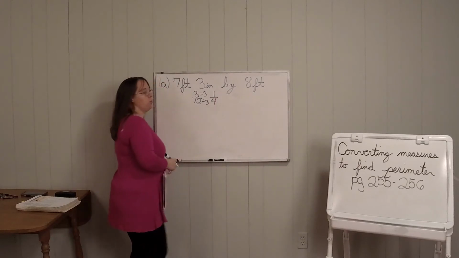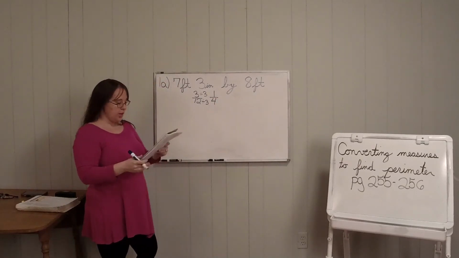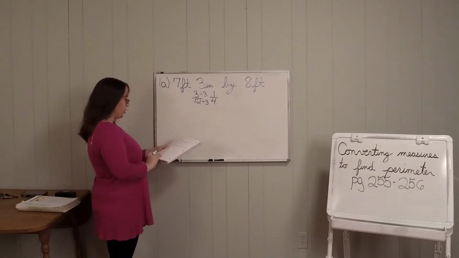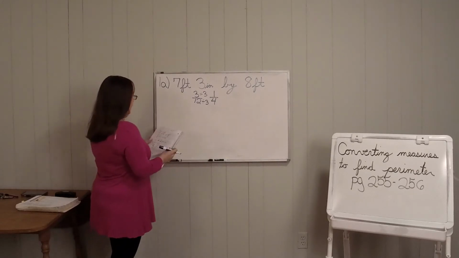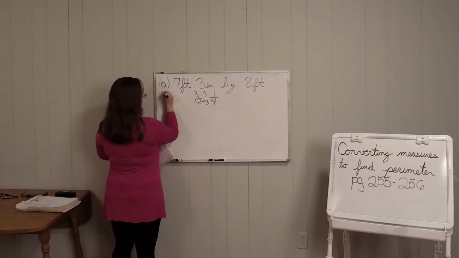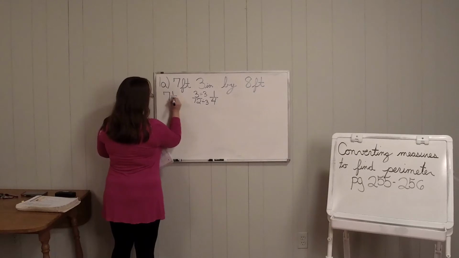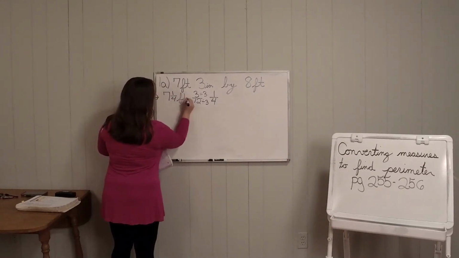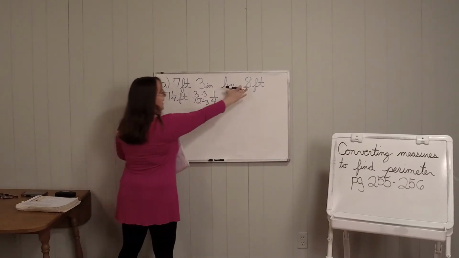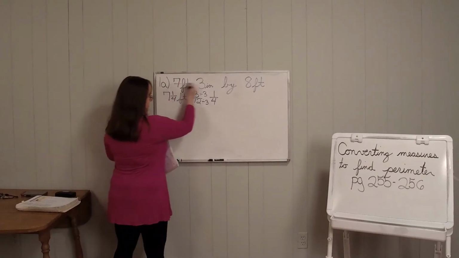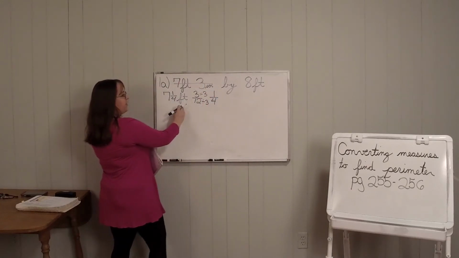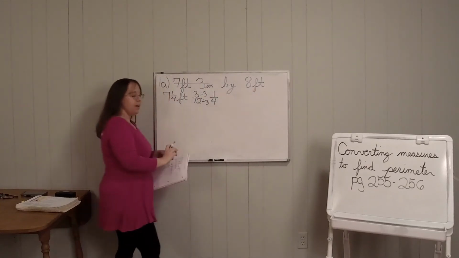And it gives you 1/4. So then your number is 7 1/4 feet by 8 feet.